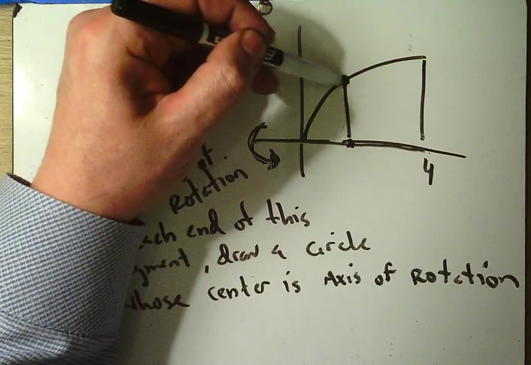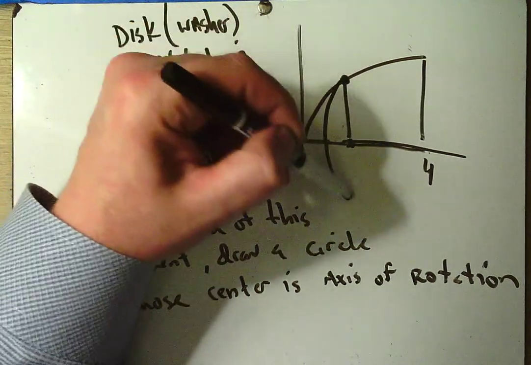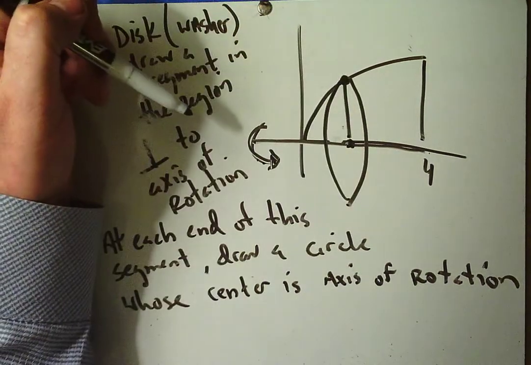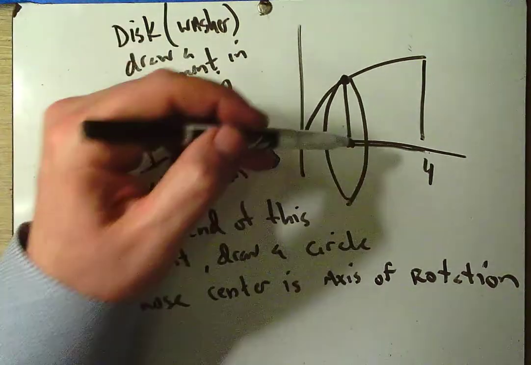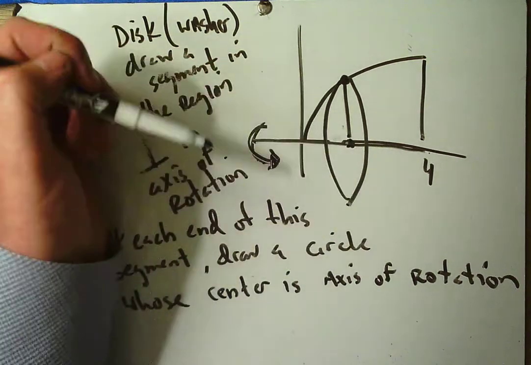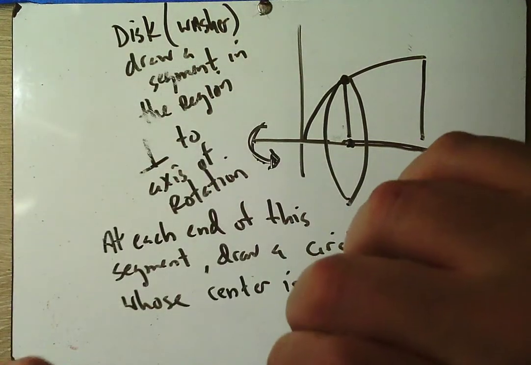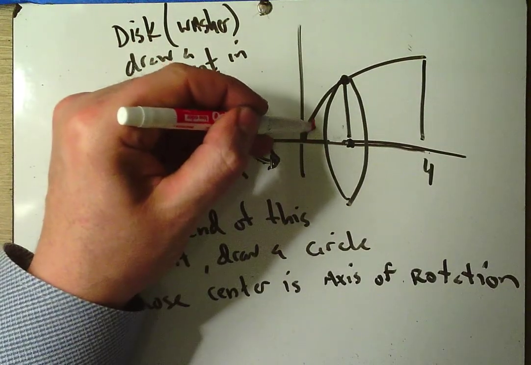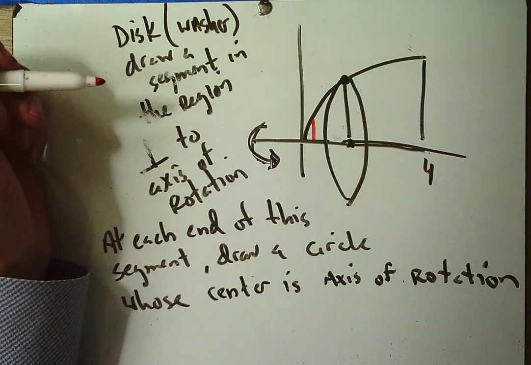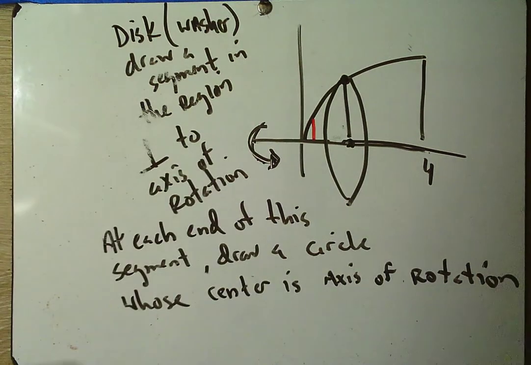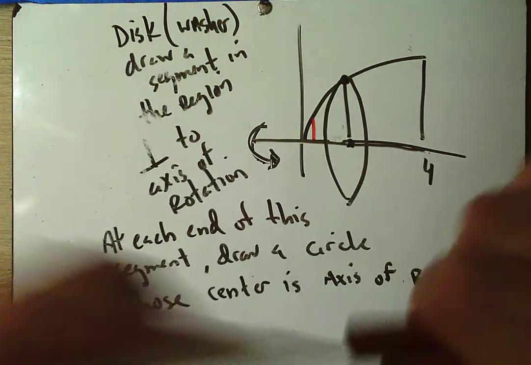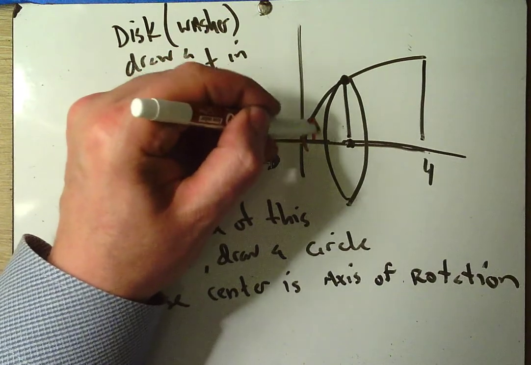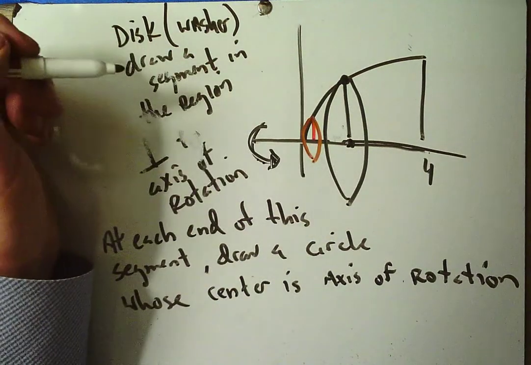And I'm going to take this endpoint and draw it as though I were drawing a circle whose center was the axis of rotation. So again, I draw a segment perpendicular to the axis of rotation, and at each end, but Mr. Kukla, you didn't do each end.